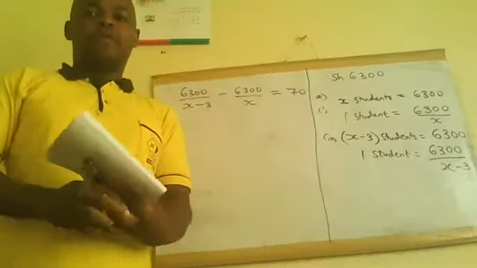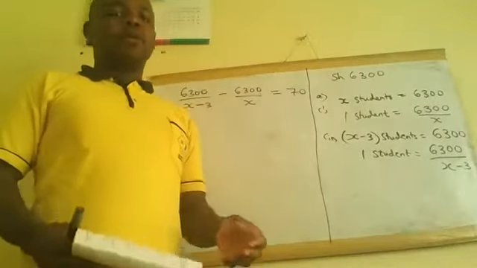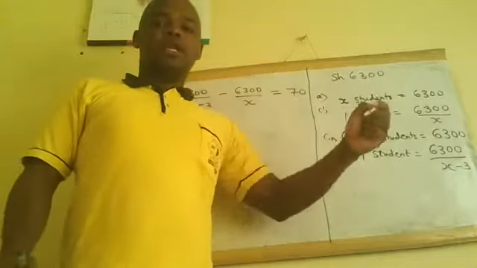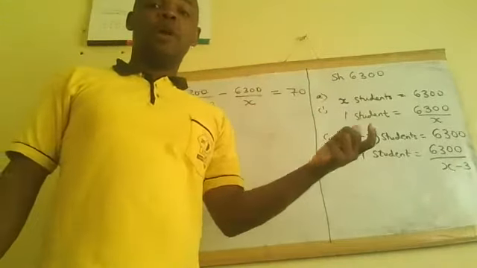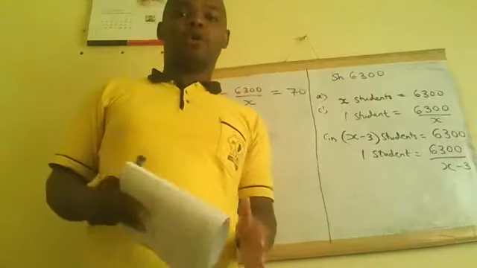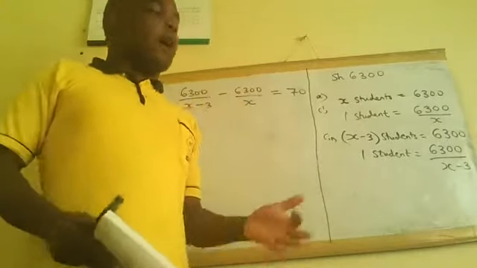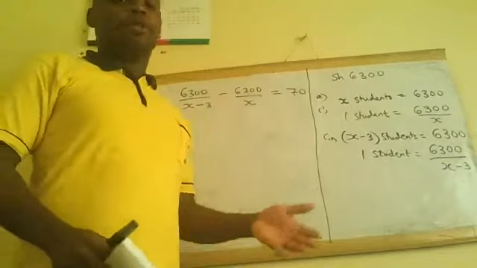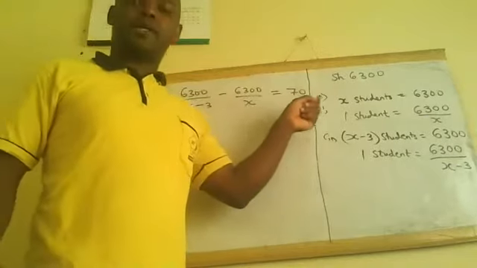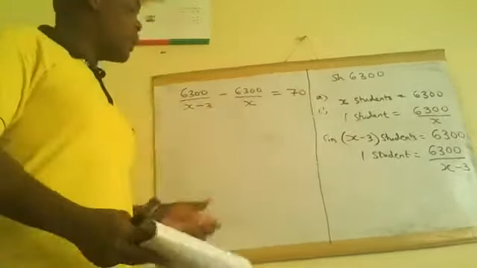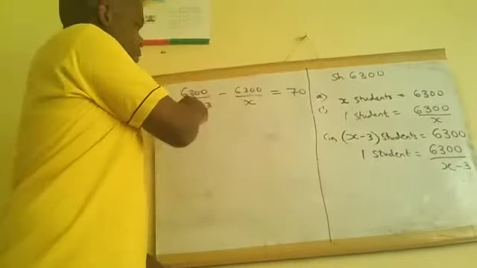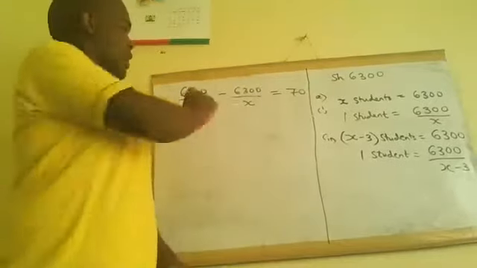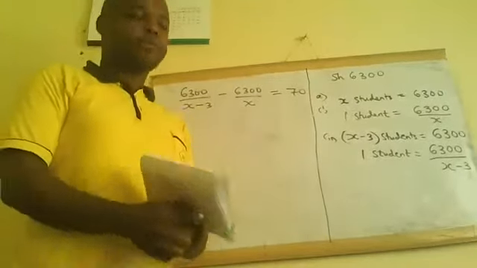Take note that the moment I see you writing 6300 over x minus 6300 over x minus 3 equals to 70, you have written a wrong equation, then marking stops there and you get 0 mark. So this expression must be right. It is 6300 over x minus 3, because this one is the larger value, because the denominator is small.